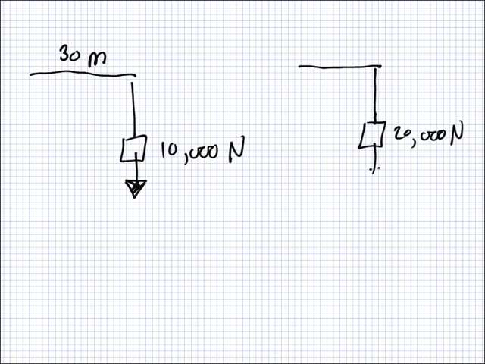20,000 newtons. So before we continue, this situation here represents the maximum turning force. If this had more weight, then this arm would snap as it tries to get turned. So, this weight is bigger, so we have a problem.